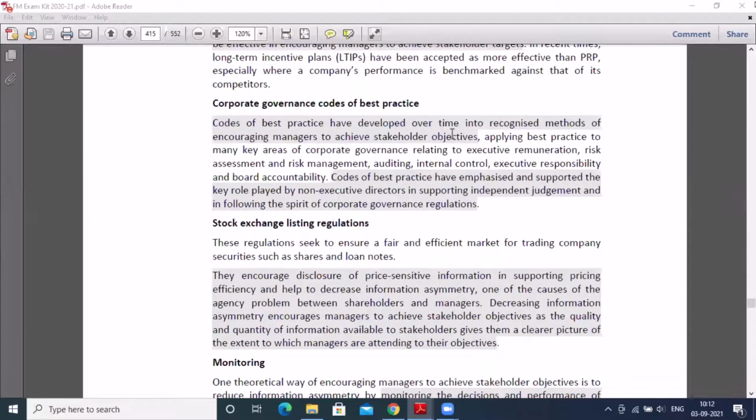Then corporate governance code of best practice. As I mentioned, if a company executes a better corporate governance system, in that case also the company can meet the requirement.